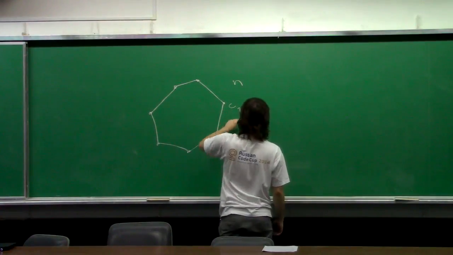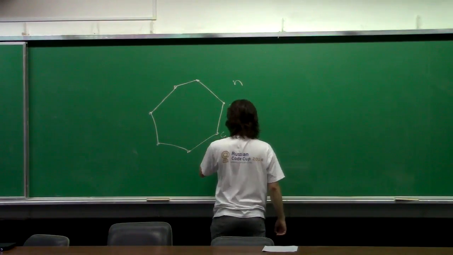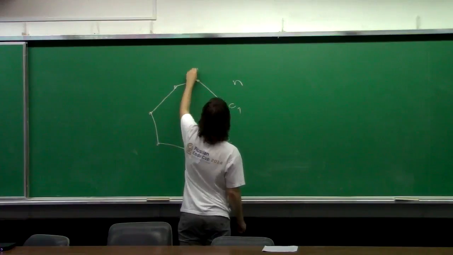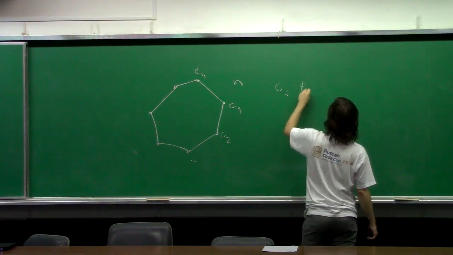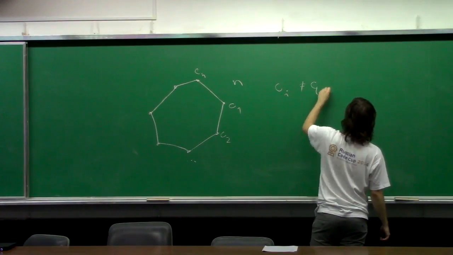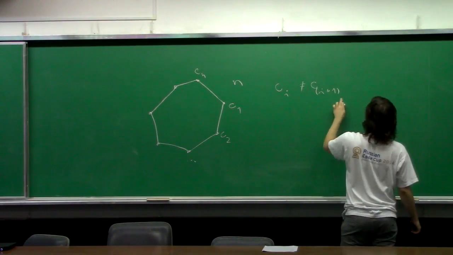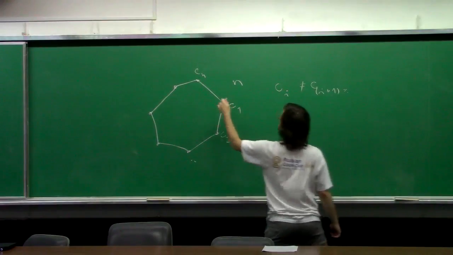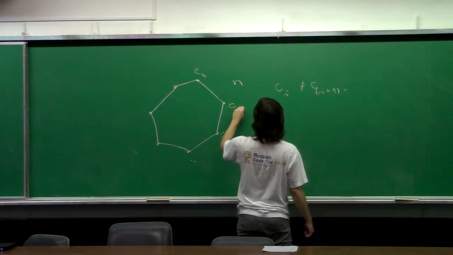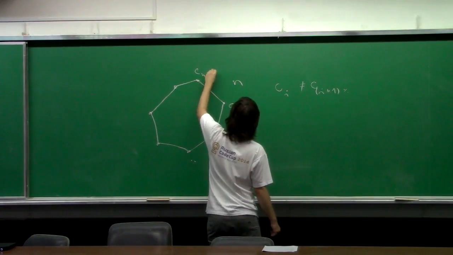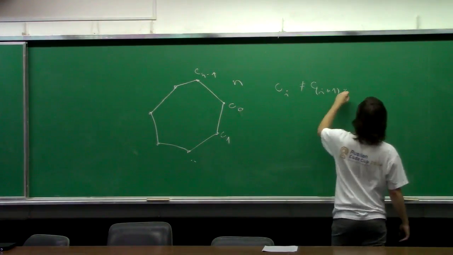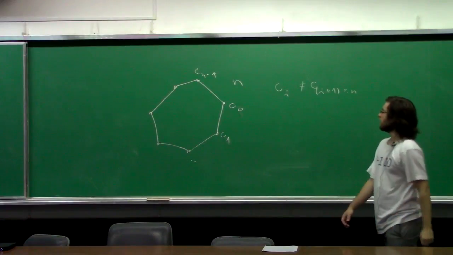So this has, for example, colors C1, C2 up to Cn. We want Ci different from Ci plus 1. So I could use modulo: C1 through Cn minus 1, i plus 1 modulo n.